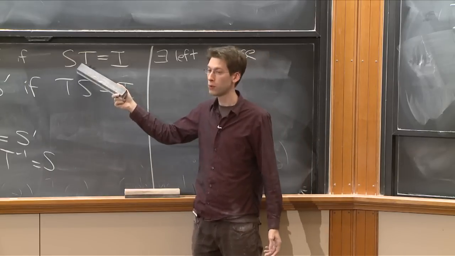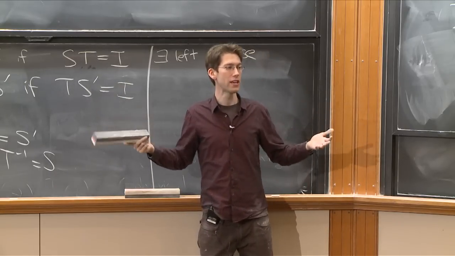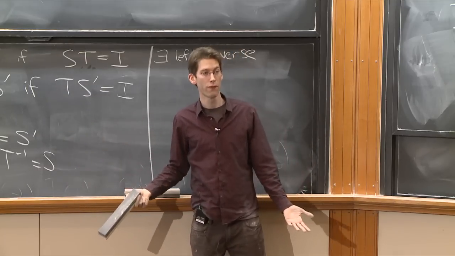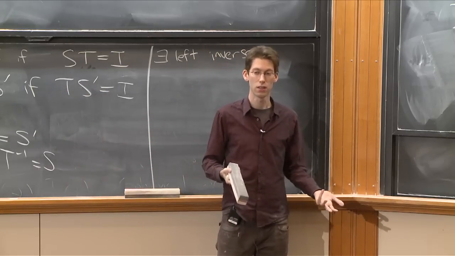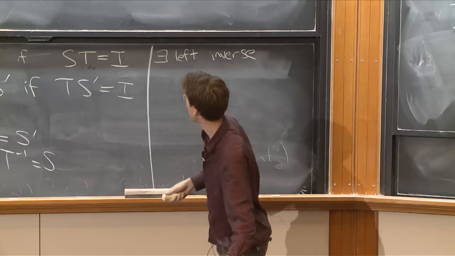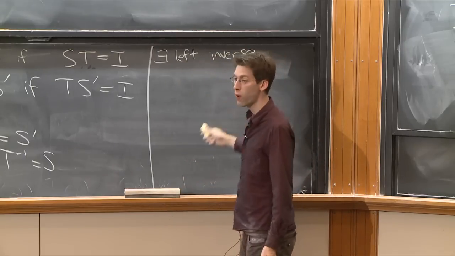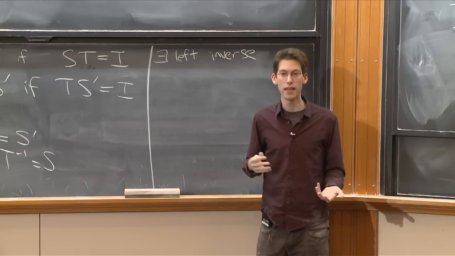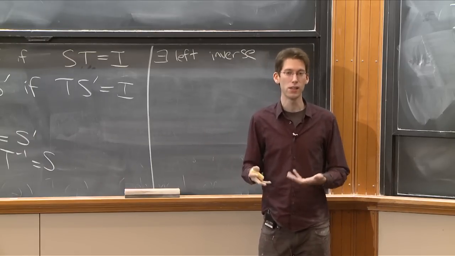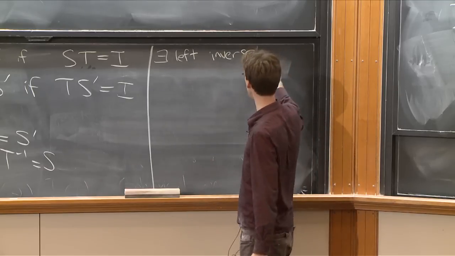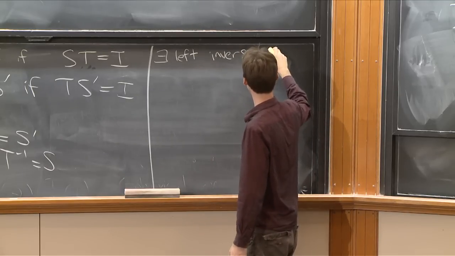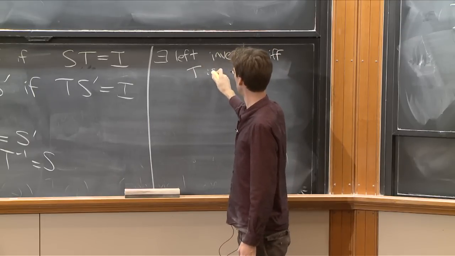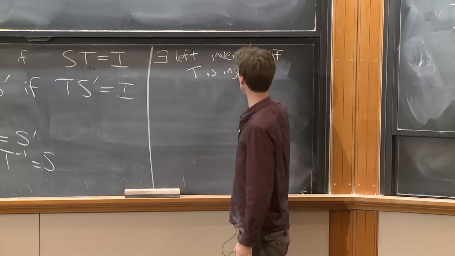Whatever we're left with, there's still enough information that some linear operator can restore our original vector and give us back the identity. That condition, of not losing information, is asking essentially whether T is injective. So there exists a left inverse if and only if T is injective.